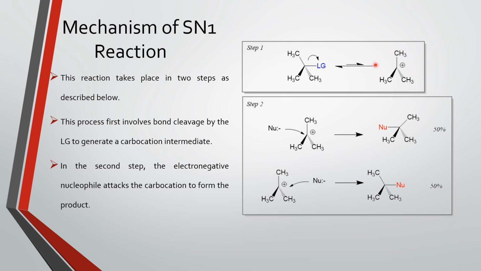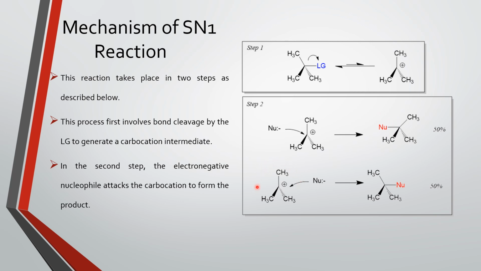Carbocation intermediates are the intermediates which have a positive charge on the central carbon atom, and they are electron poor in nature. In the second step, these carbocation intermediates are attacked by the nucleophile, which is electron rich in nature, and it attacks the carbon center, which is electron poor in nature, and we will get this product in which the nucleophile is attached in place of the leaving group.